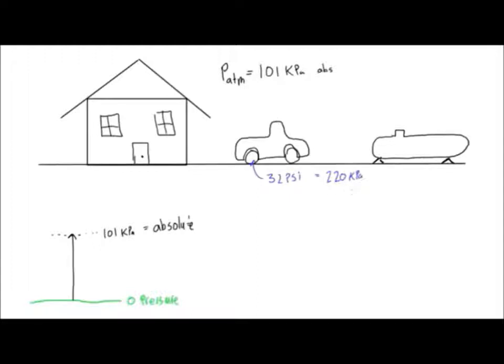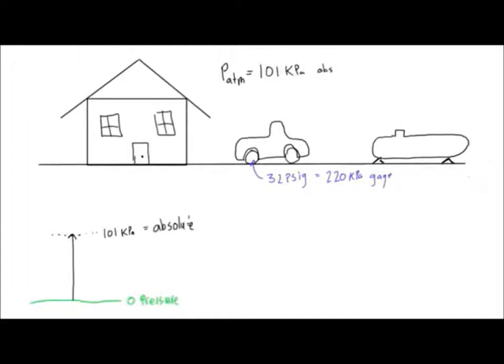Alright, now this is actually what we call a gauge pressure. So I'm going to write this here, gauge, or sometimes you see PSIG. This means that this is 32 psi higher than the absolute pressure, and the absolute pressure is the atmospheric pressure that's all around it. So we'd have 220 kilopascals more than 101 kilopascals.